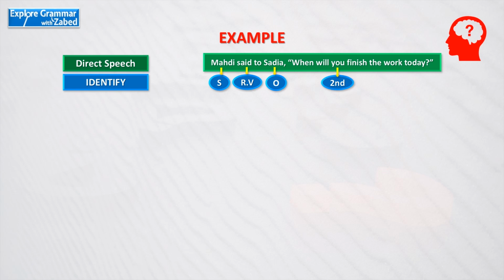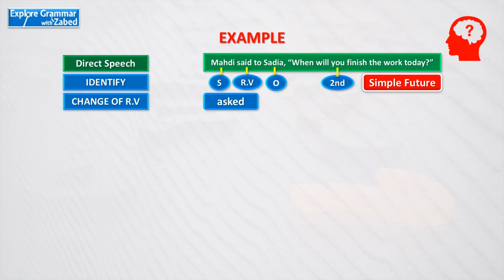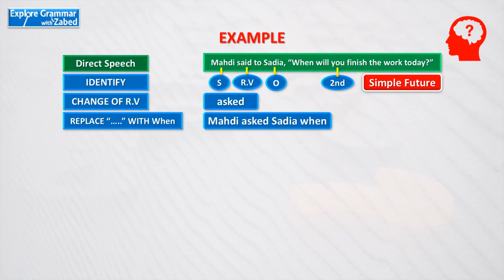Here, the tense of the reported speech is simple future. Step 2 is the change of reporting verb. Said will become asked. Step 3 is to replace the quotation mark or inverted comma with when, as it is a direct question. The sentence will become like this: Mahdi asked Sadia when.